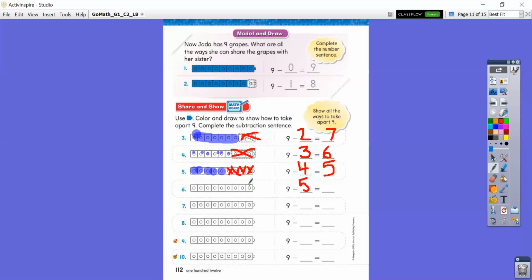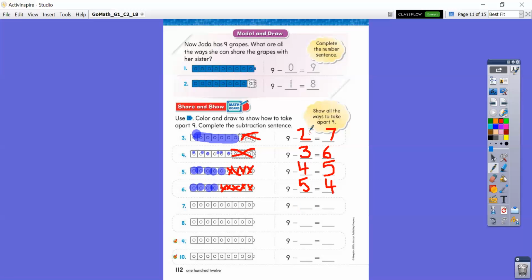Okay, so let's go over and cross them out. 1, 2, 3, 4, 5. Okay, and we will color blue all of the grapes that she's going to keep. This one, this one, this one, and this one. Okay, so let's see how many she has left. 1, 2, 3, 4. So she only has 4 grapes for herself.